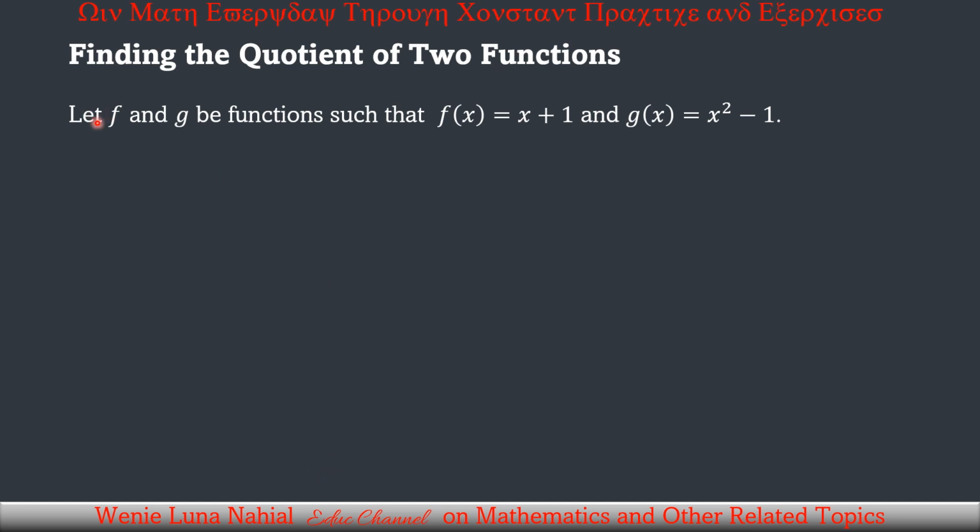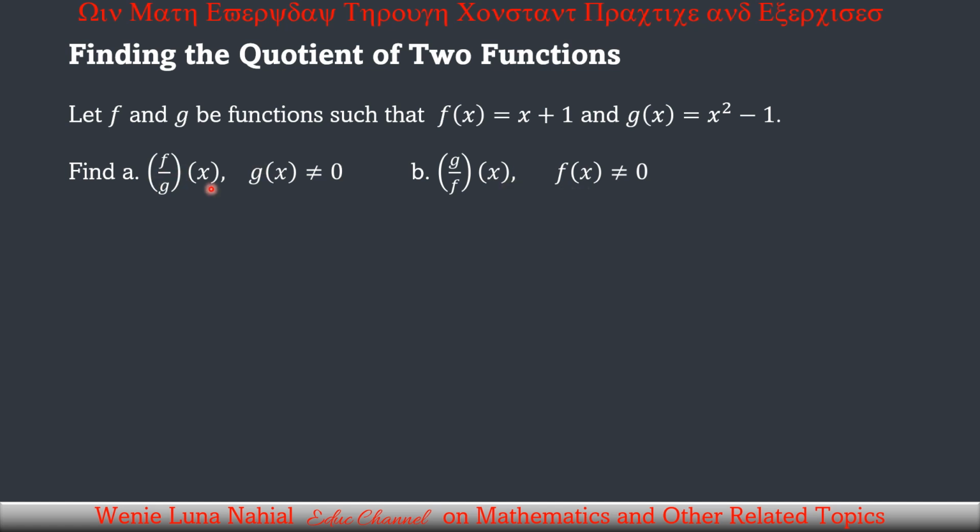Okay, let us now have finding the quotient of two functions. In here, we have to define function f and function g, in which f of x is equal to x plus 1 and g of x is equal to x squared minus 1. Now, our goal is to get f over g of x, and we have the restriction that g of x is not equal to 0. And the other one, g over f of x, the restriction here is f of x is not equal to 0.